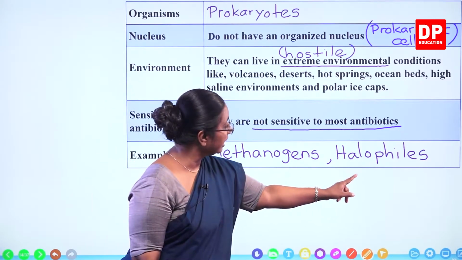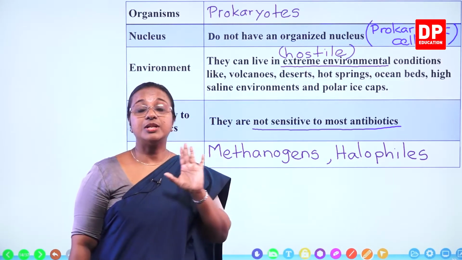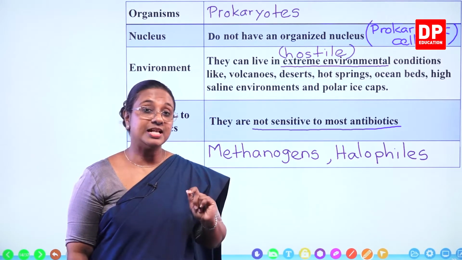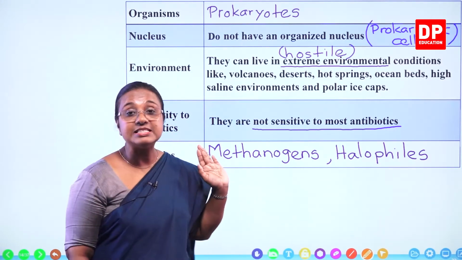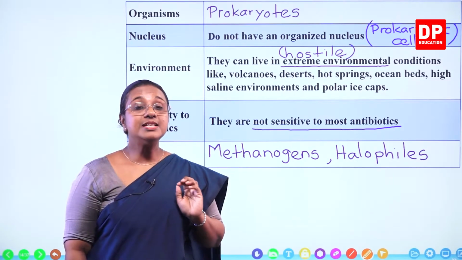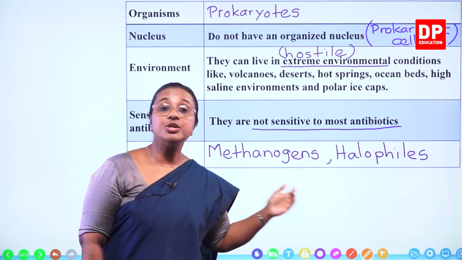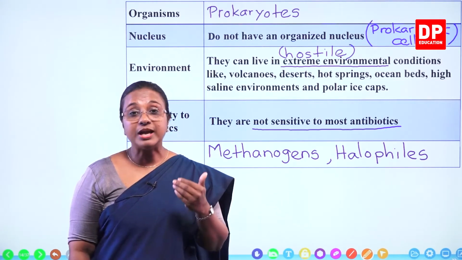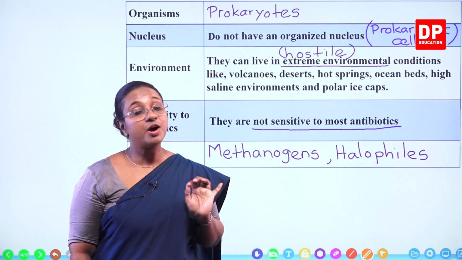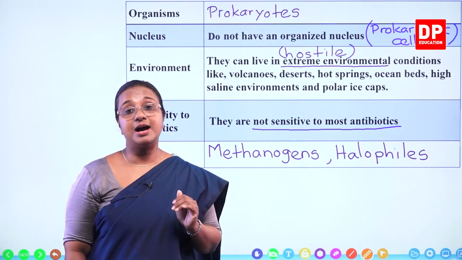Then we have the methanogens. They have cells without an organized nucleus, so they are made up of prokaryotic cells, and they can live in extreme environmental conditions. To understand how these organisms look, I will now show you a video where you can have a look at examples of these two types of organisms that belong to Domain Archaea.